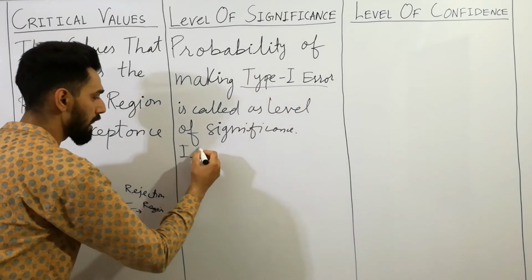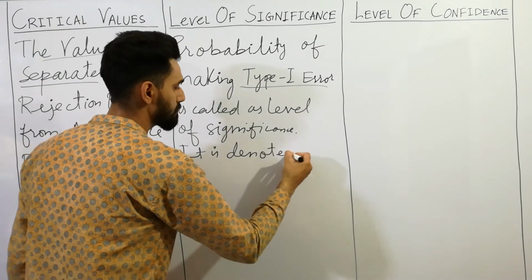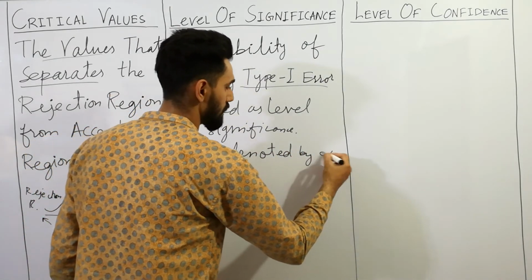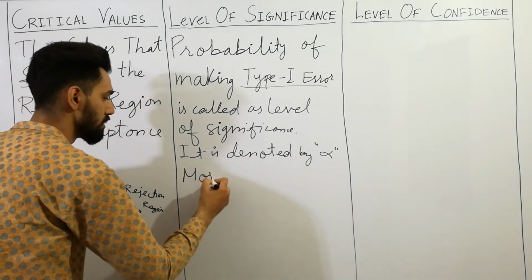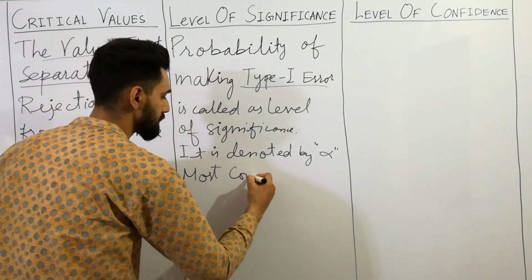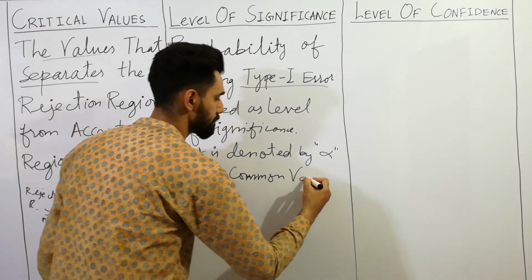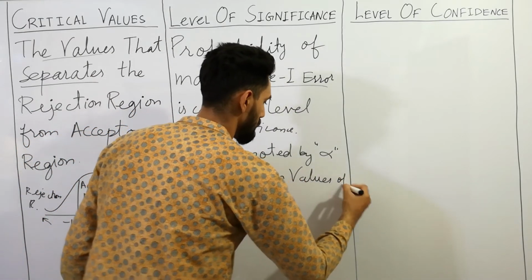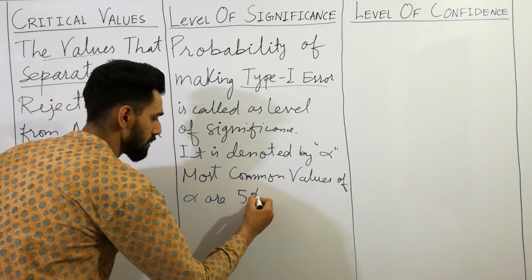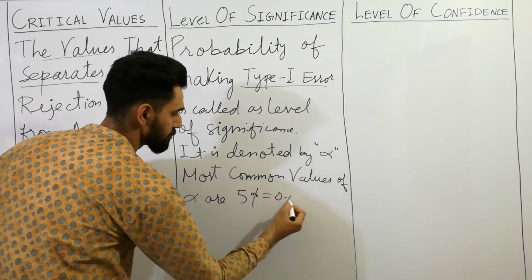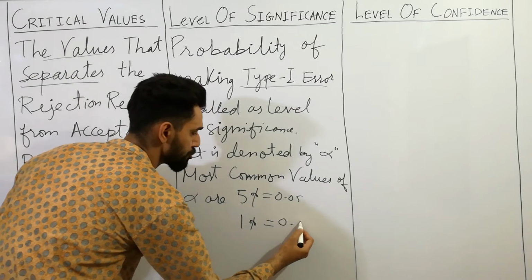It is always denoted by alpha. Remember that the most common values of alpha are 5%, or 0.05, and 1%, or 0.01.